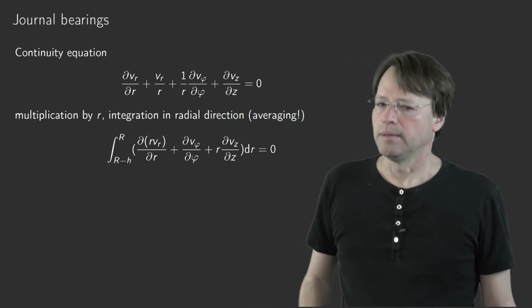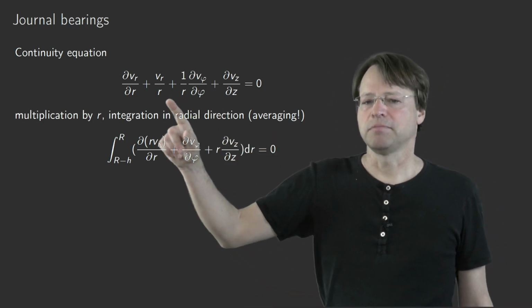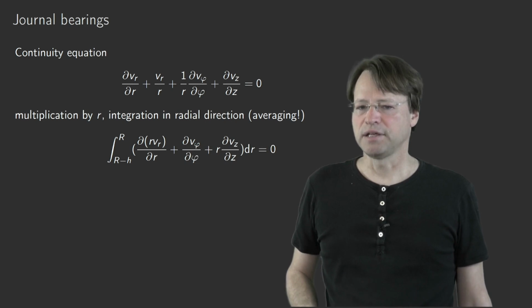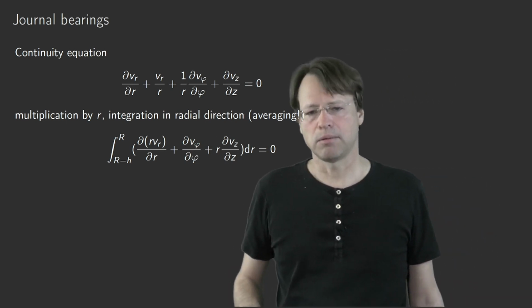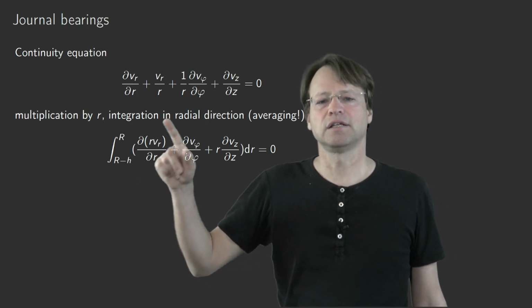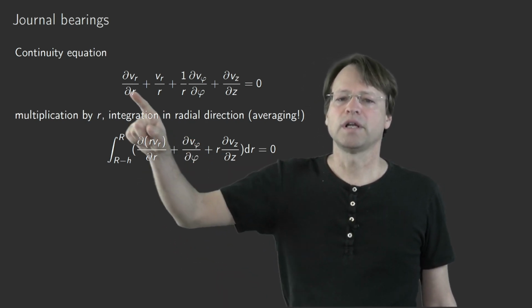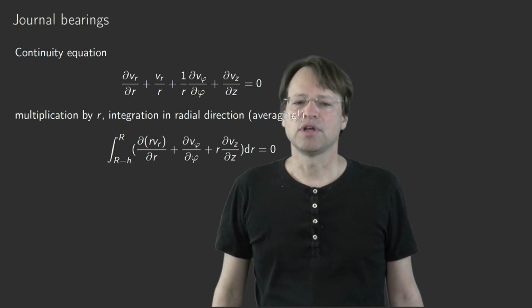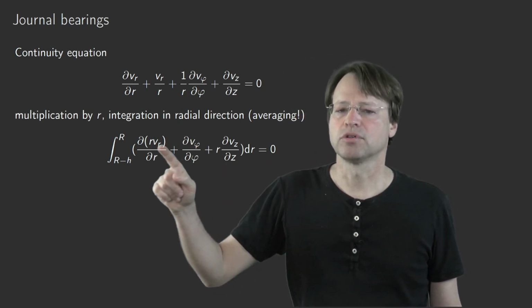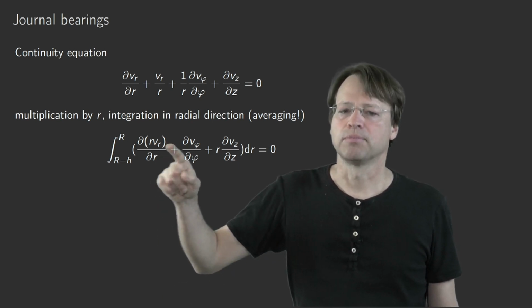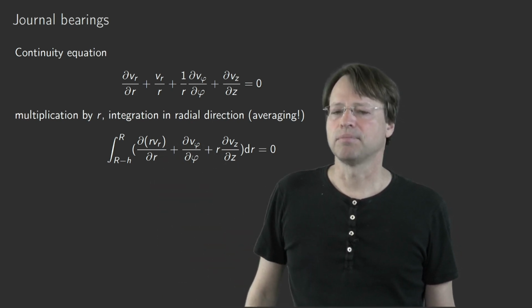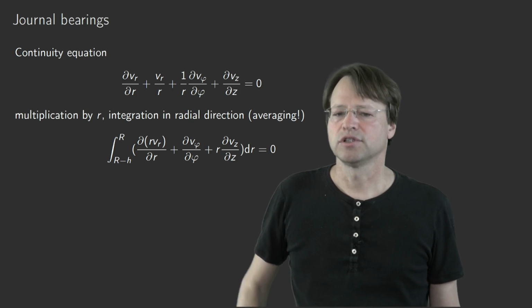So we multiplied by r and we integrated, and now if you look at that equation, maybe you would say, but it looks at the beginning a little bit different. So what happened to these two terms? If you have a close look, then you observe that we have applied here a product rule for the product of r, v sub r, and the derivative with respect to r.